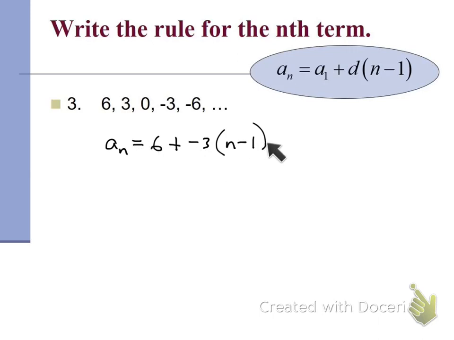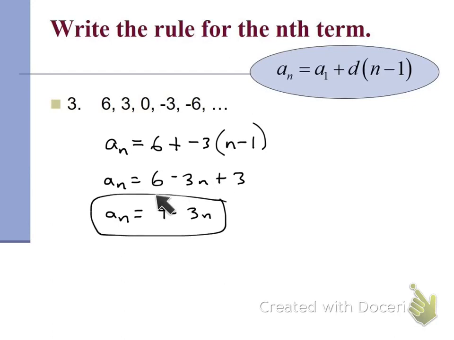Normally, I don't want you to leave it like that. Let's distribute the negative 3 through. So the nth term is equal to 6 minus 3n plus 3. Let's simplify. What would that be? 9 minus 3n. So what that means is, if I ask what's the 20th term, you would just go 9 minus 3 times 20. What's the 15th term? 9 minus 3 times 15. That's what I mean by the nth term. Write the rule. Make sense? Okay.